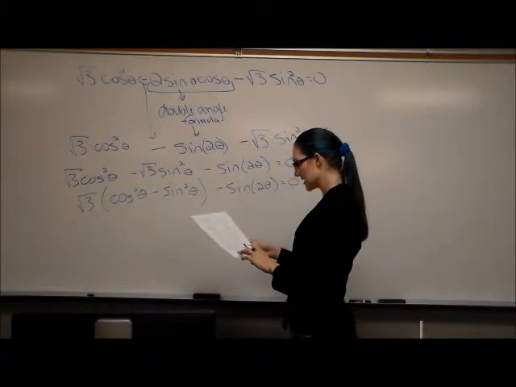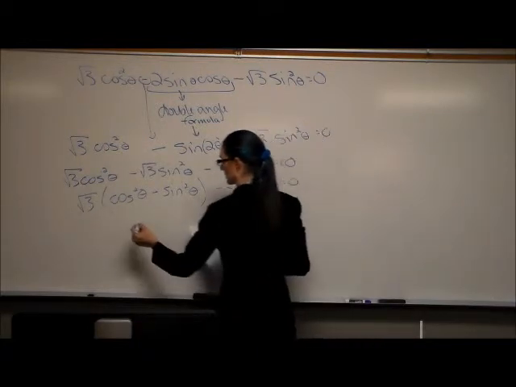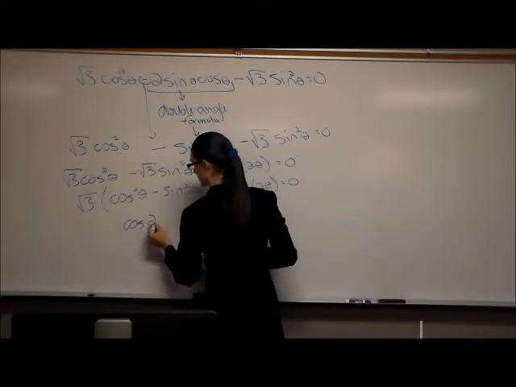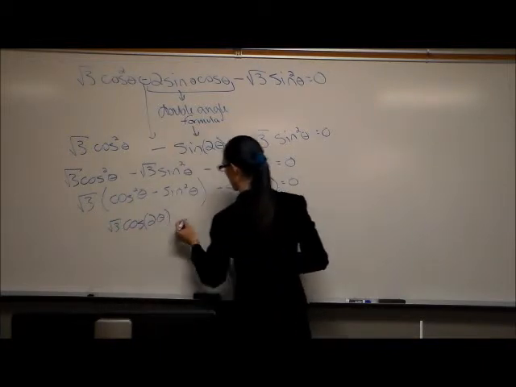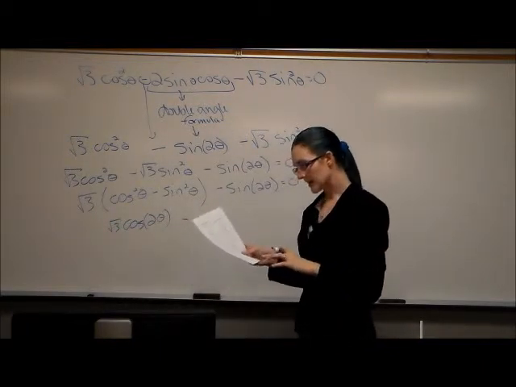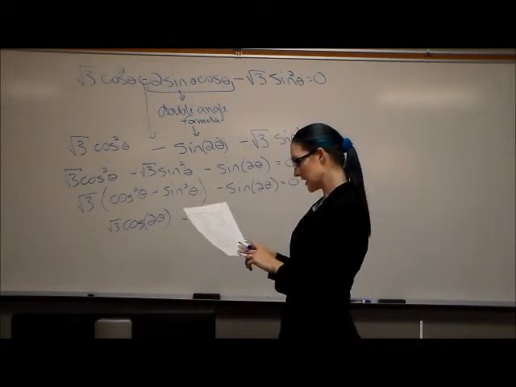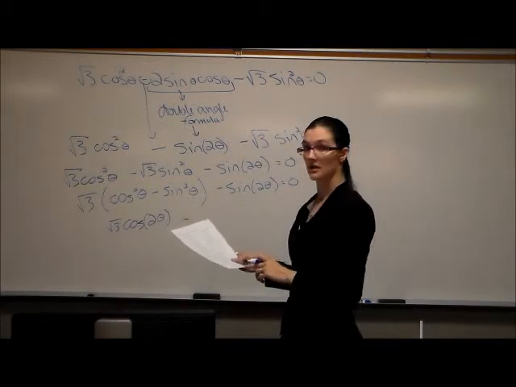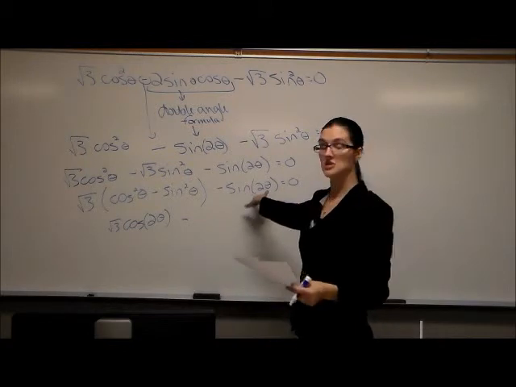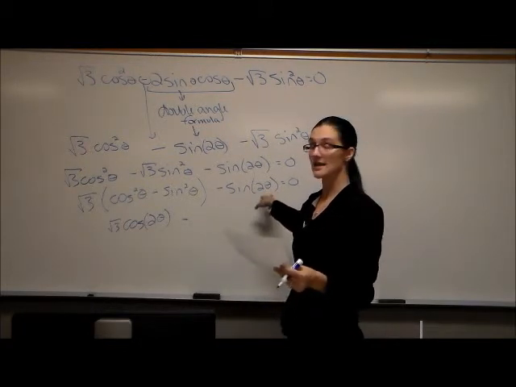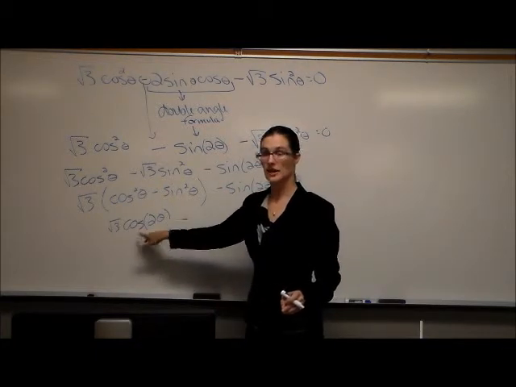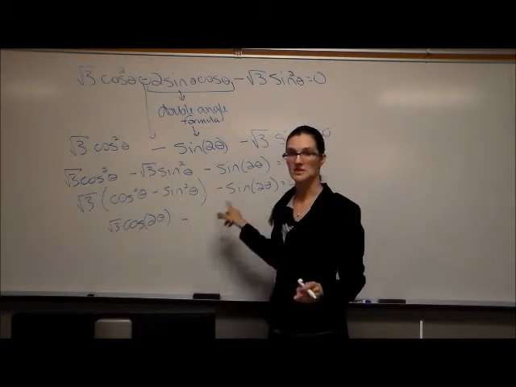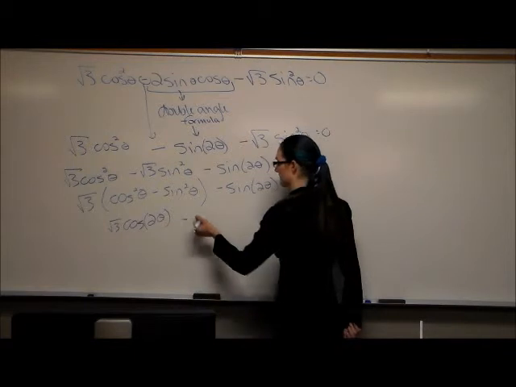You could do cosine of 2 theta, square root of 3 would still be out here. Or we could have gone down and done 1 minus 2 sine squared of theta. However, since this one's not squared and it's not theta, I'm going to try to keep them to where they're similar. I want this one not to be squared, and I want it to have a similar inside so that I can still do more things with it.